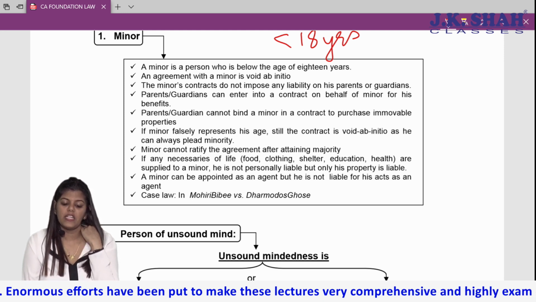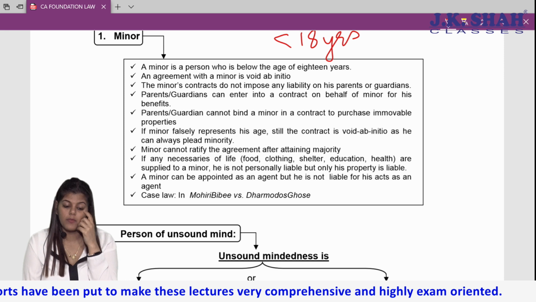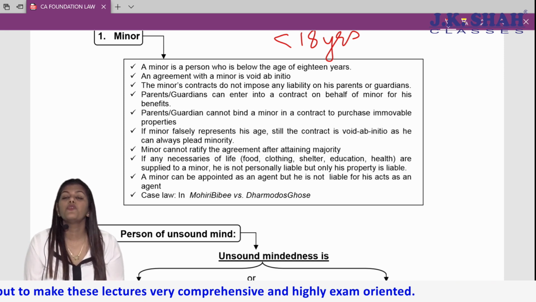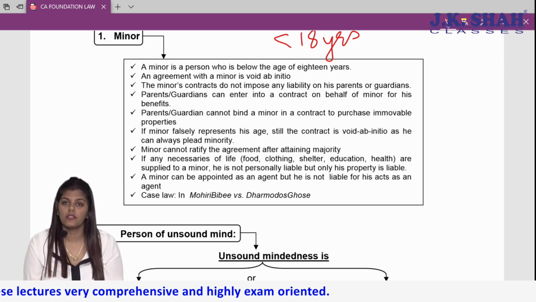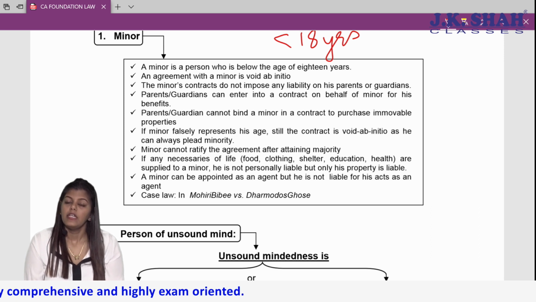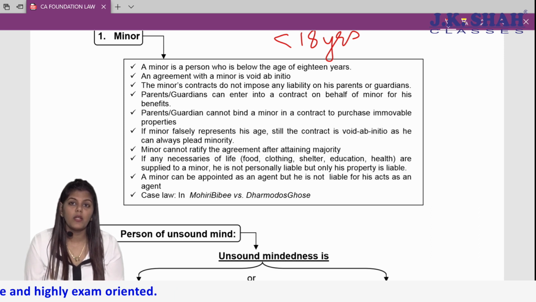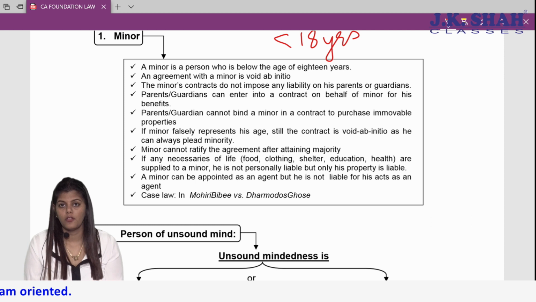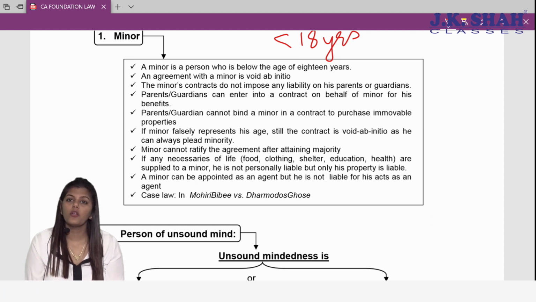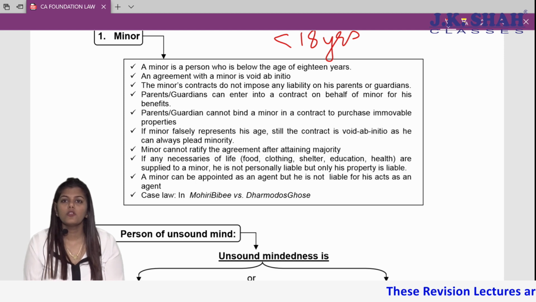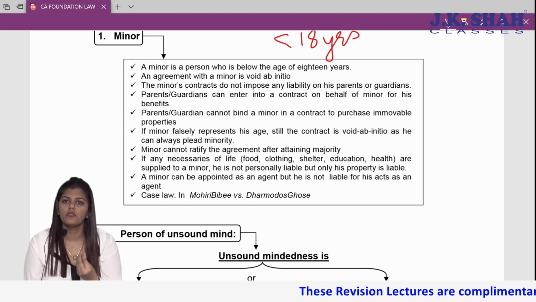Next, if any necessaries of life are supplied to a minor, means food, clothing, shelter, education, health is given to a minor, he is not personally liable, but his property is liable. So if anyone, when I talk, not only guardians, it can be anyone. For example, the grocery wala is selling him food items.